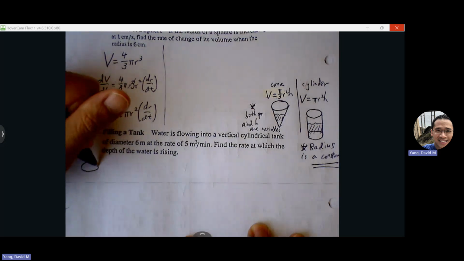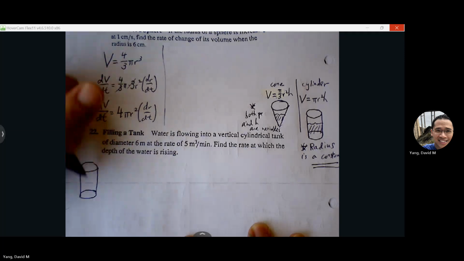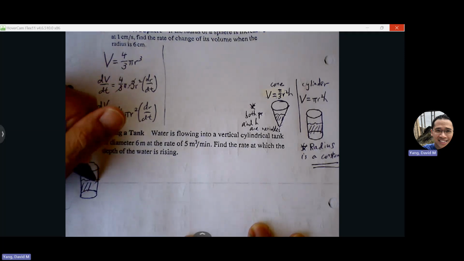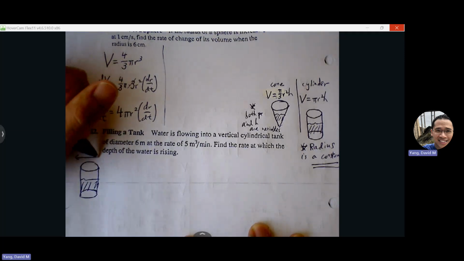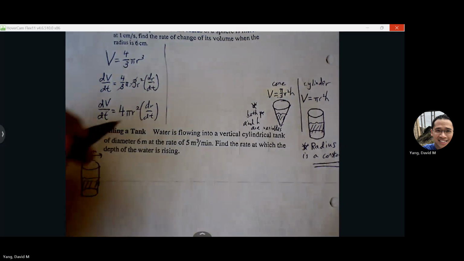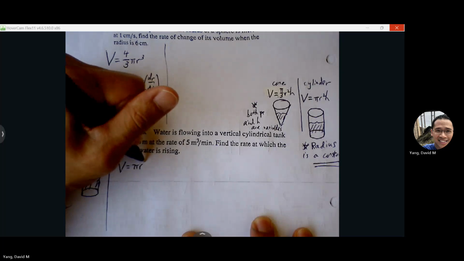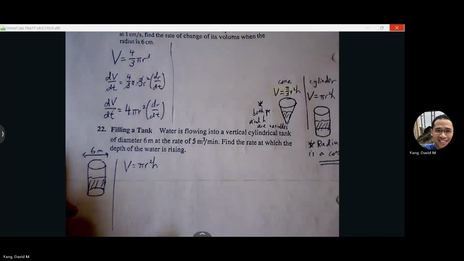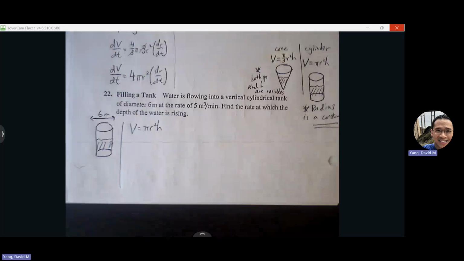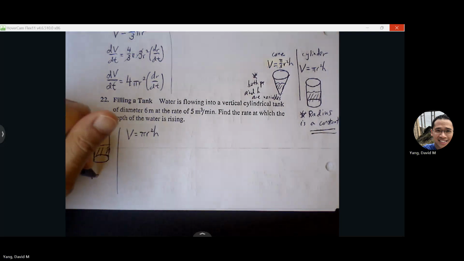So here we have our diagram. Water inside the tank. The diameter is 6 meters. And our formula. At the very beginning of the problem, we already know that we don't want to confuse this with cone problems. We already know that the radius is a constant. What's the radius? 3.